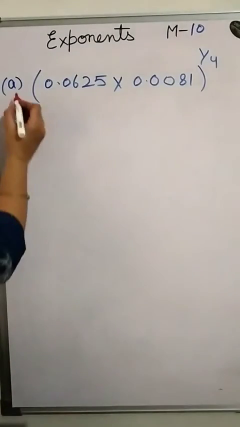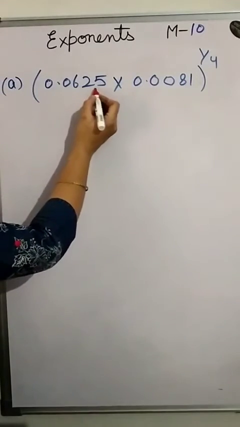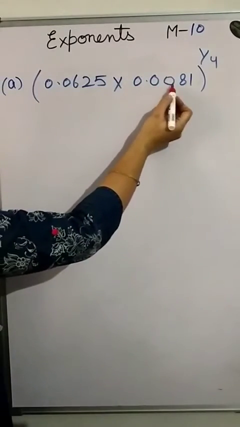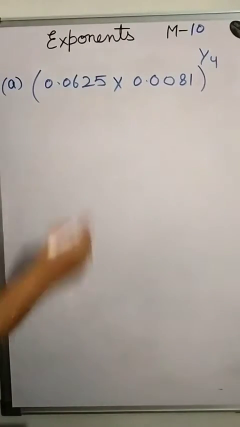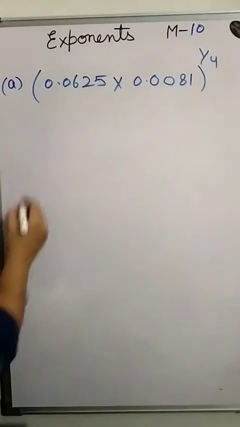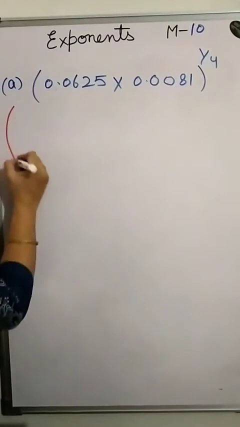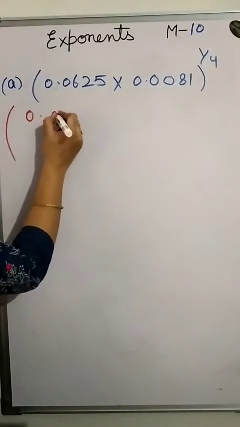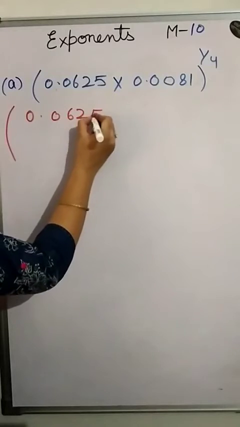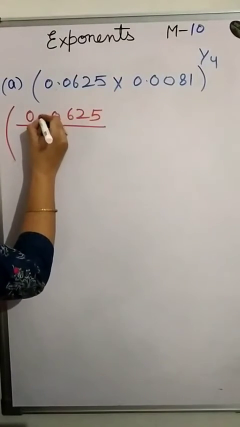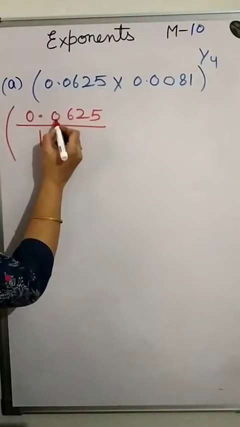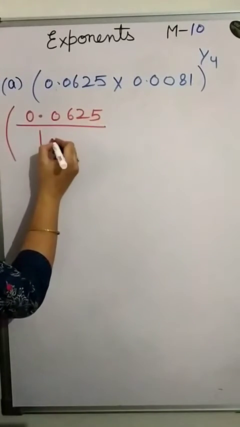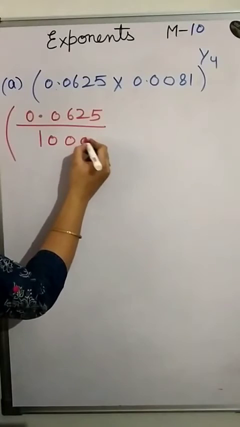Now the question is 0.0625 multiplied by 0.0081, to the power 1/4. So the thing is that first we have to remove the decimal from here. Then how do we remove? Just see here, 0.0625. Here I am putting 1 just below the decimal, and how many numbers after the decimal? 1, 2, 3, 4. 4 numbers are there after the decimal.